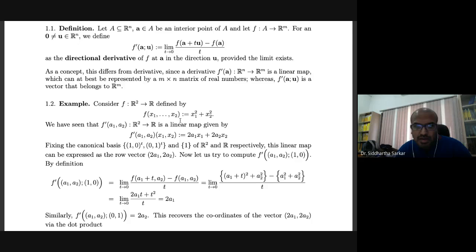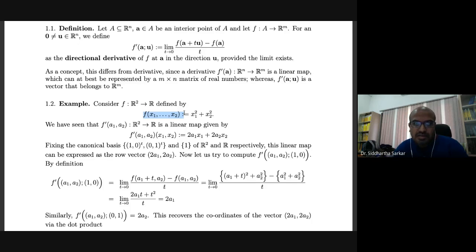From that lecture, you have actually computed the derivative of this particular function at any arbitrary point. There is a typo over here. There should not be a dot, there are just 2 entries over here.